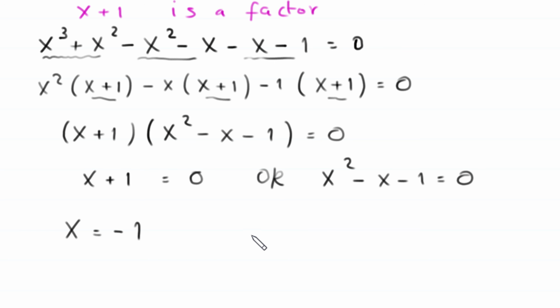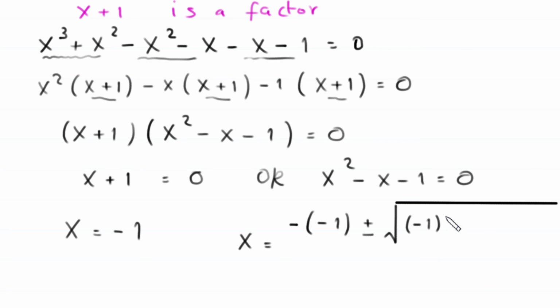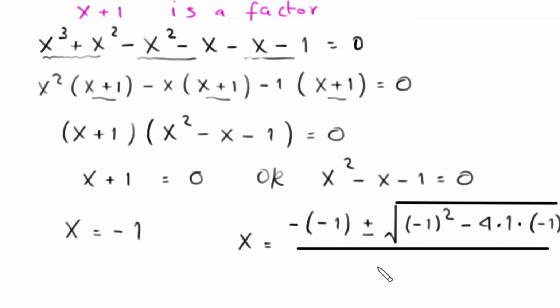According to quadratic formula, x is equal to negative b, b is -1, plus or minus square root of, in place of b squared we write -1 squared, minus 4 times a is 1 times c is -1, divided by 2 times a is 1.